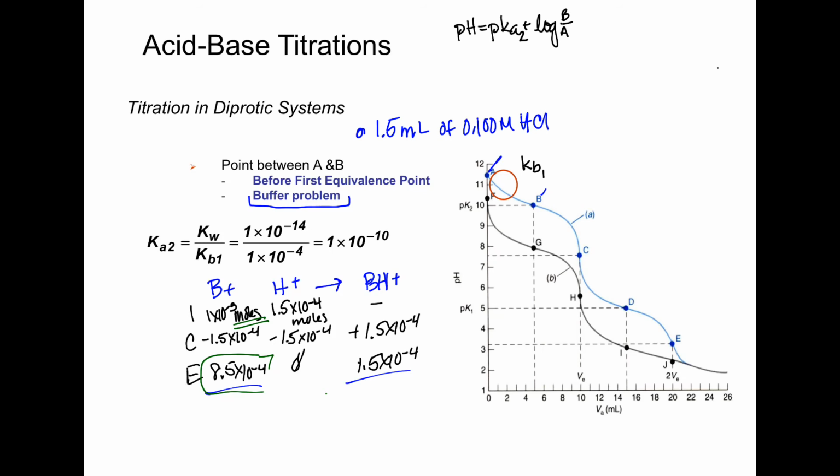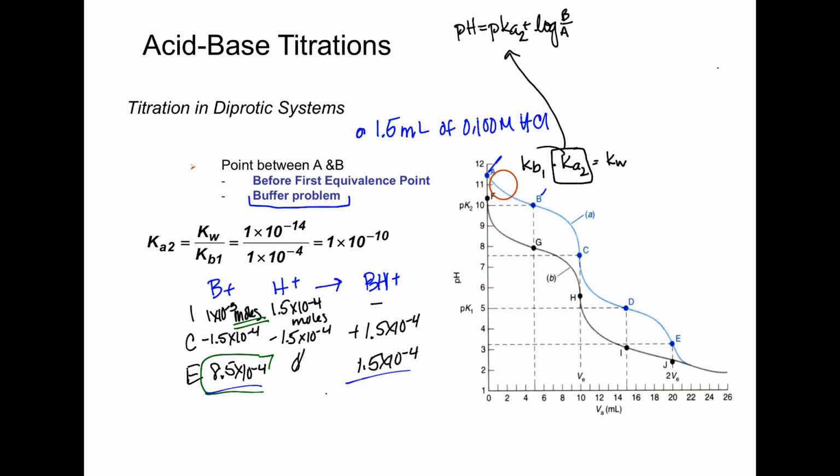And if we're trying to calculate pH, we have to use a Ka to do that. The Ka that corresponds to Kb1 is Ka2. Those two multiply together to equal Kw. We talked about that in the very beginning of the video, and so that's why we need to use the information about Ka2 for our Henderson-Hasselbalch.